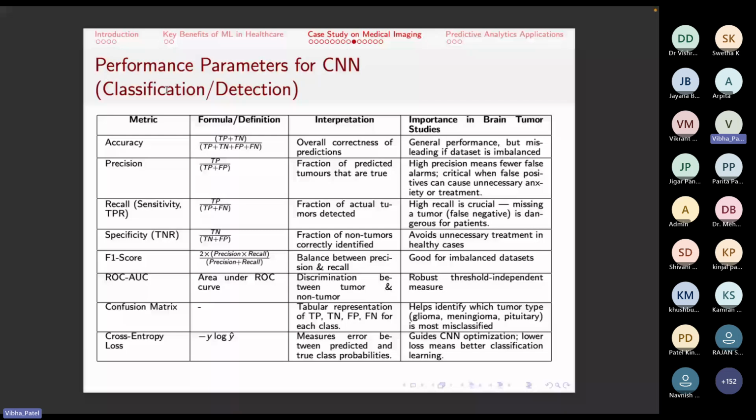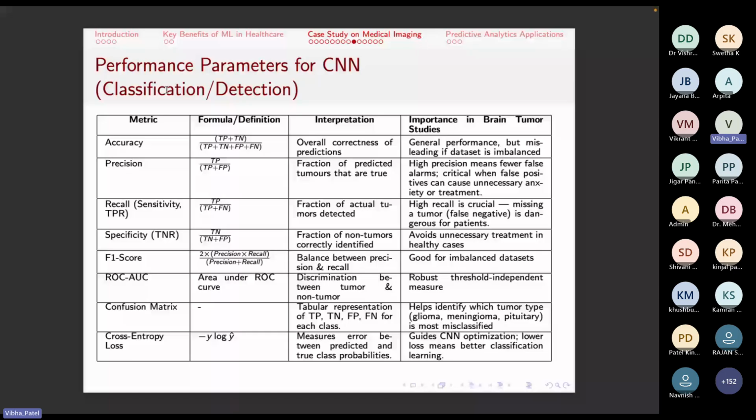So once you have trained your model using the labeled data, you'll be feeding the test data, and based on the outcome of the results received for the test data, you then decide upon the performance of the network.